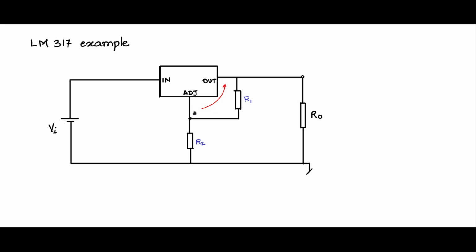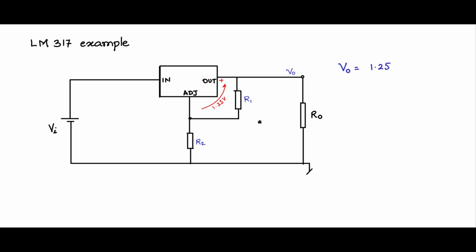Look into the data sheet: there is a fixed voltage difference between the out and the adjust pin, out being more positive than the adjust, and that is 1.25 volts for the 317 regulator and also 350. Now if this is V0, then looking at this network, 1.25 by R1 is the current that flows through R1. This is a high input impedance pin, therefore all the current flows in through R2.